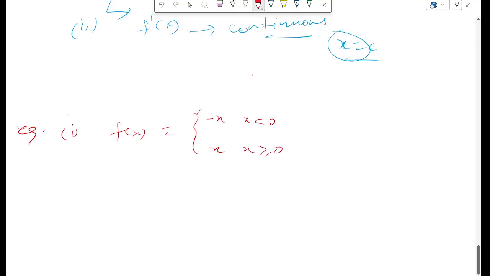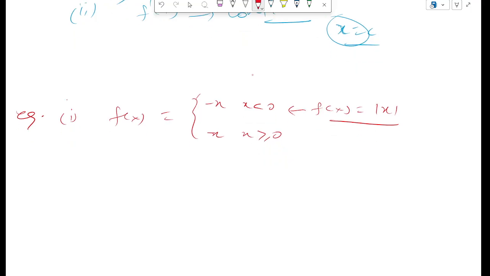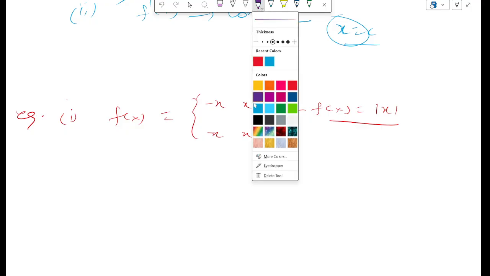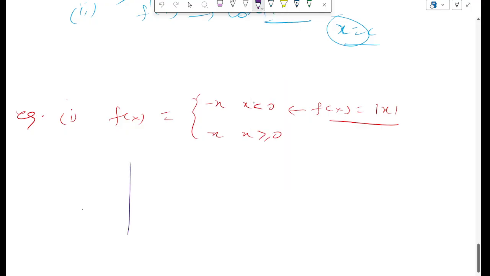This is just f(x) equal to mod x. This function is this only, defined in a piecewise manner. And let's talk about this function. If we plot this function on the graph, we will get something like this.